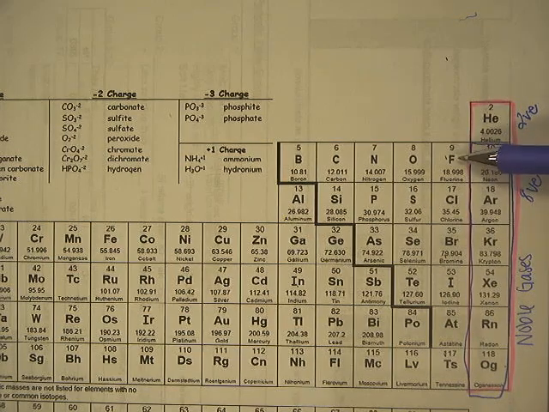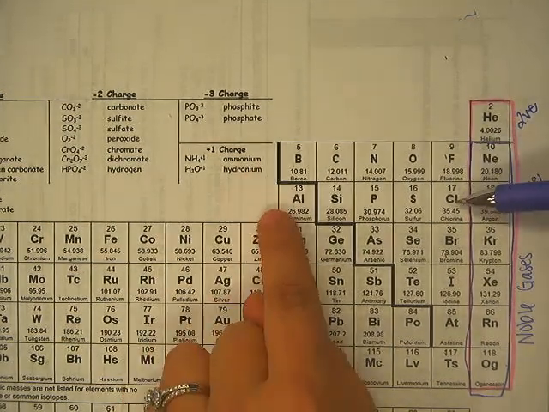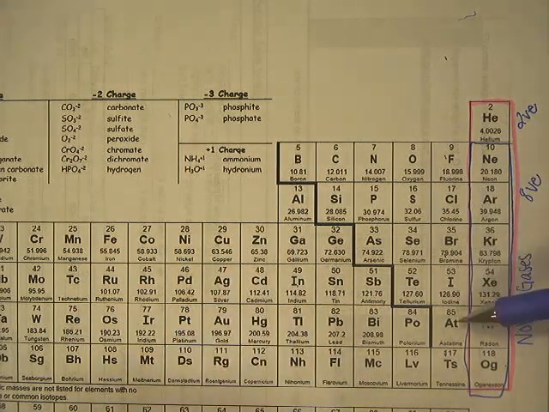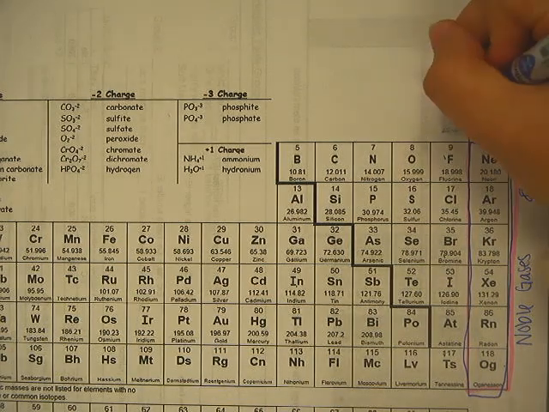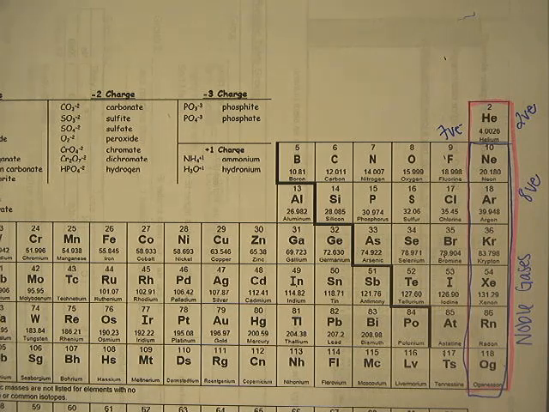P5. So fluorine would be 2p5. This would be 3p5, 4p5, 5p5, 6p5, 7p5. Which means that they have 1 less valence electron. It's going to be 2 plus 5, which gives me a total of 7 valence electrons. So this entire column has 7 valence electrons.